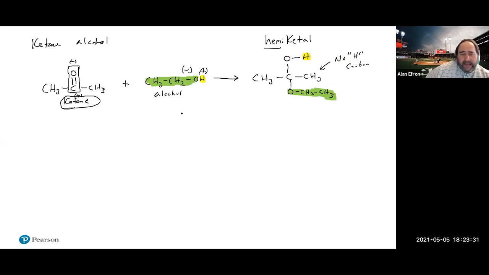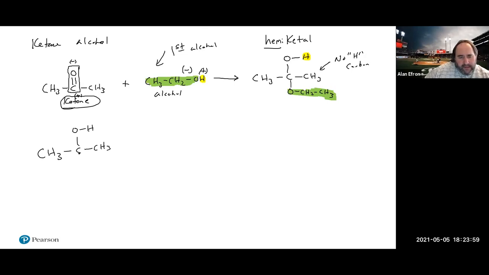So what makes a hemiketal is an OH group, an oxygen carbon group, and no hydrogen there. Another carbon is basically there. And the same thing will happen if you take two alcohols. So again, this, much like the last one, is what happens after the first alcohol is added. If we add a second alcohol, our guy there, our hemiketal, will continue to go.